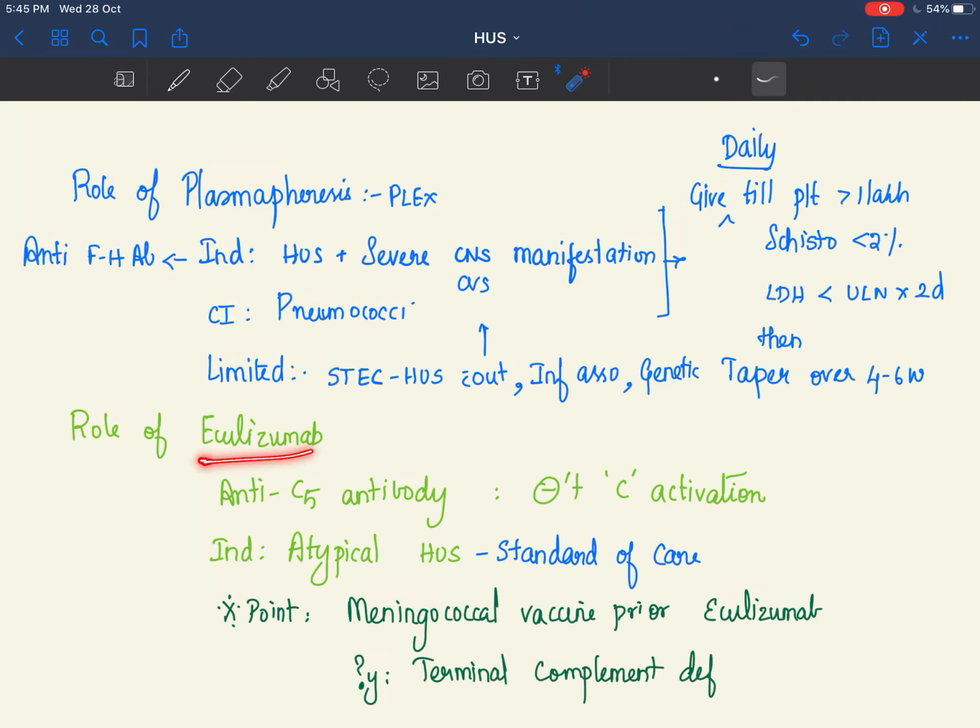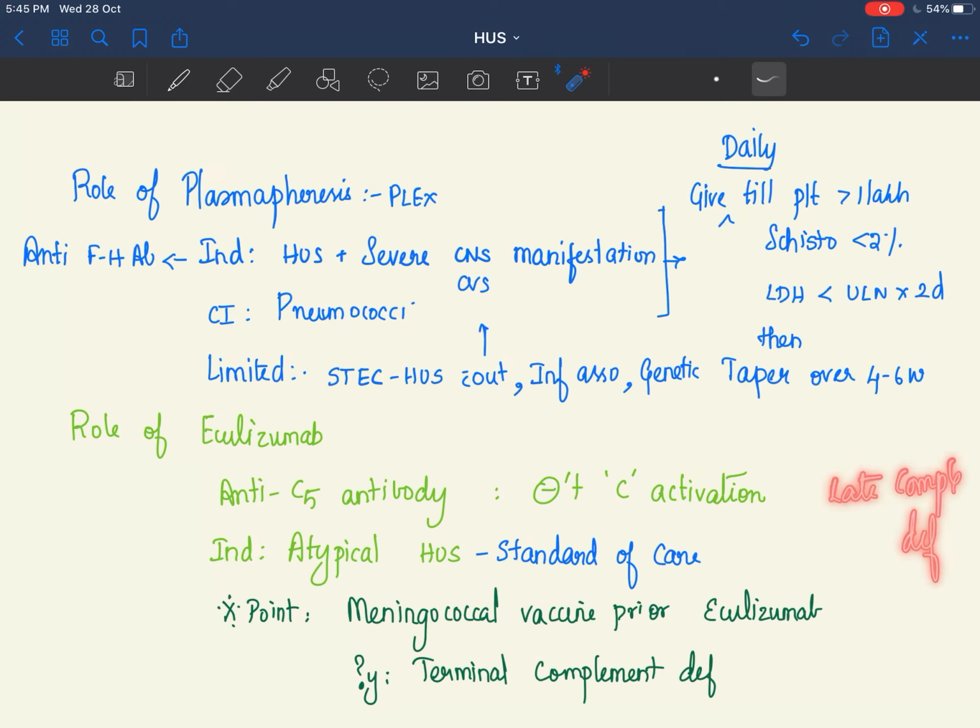Role of eculizumab. Eculizumab is an anti-C5 antibody. It prevents the complement cascade, which is implicated in the pathogenesis of atypical HUS. So the indication is atypical HUS. The important point to note is that if you are instituting eculizumab therapy, you should give meningococcal vaccine, because meningococcal infection is common in late complement deficiency.